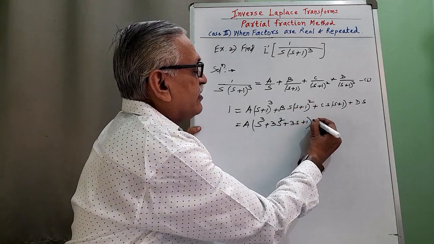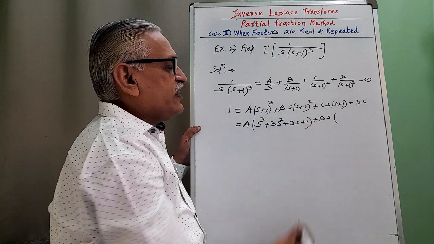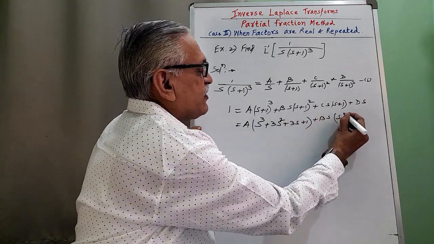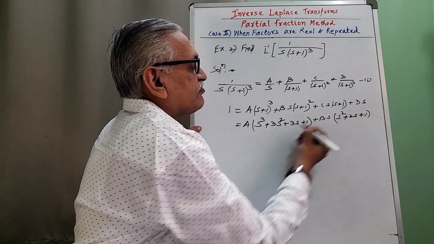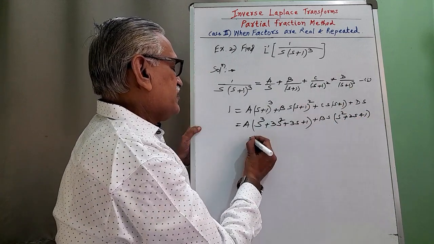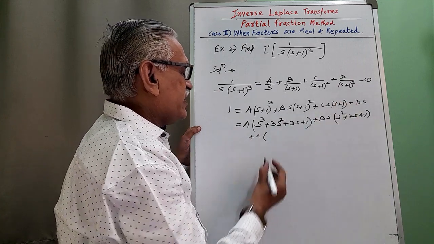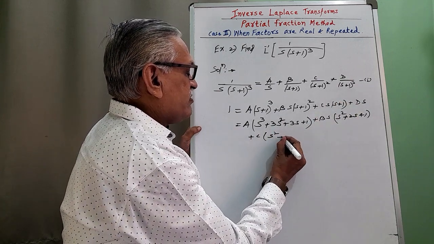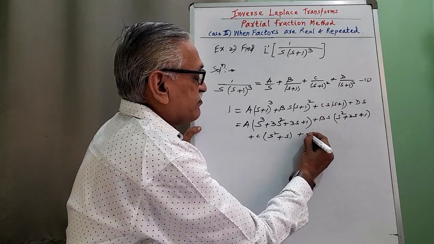Then b into s multiplied by the expansion of s plus 1 whole square, which is s square plus 2s plus 1, plus c into, multiplying it inside we get the terms s square and s, and plus ds.